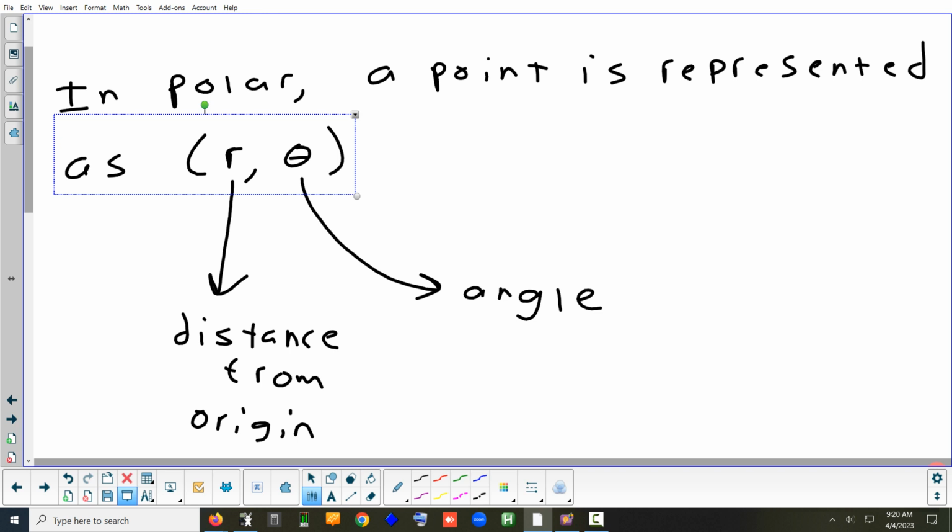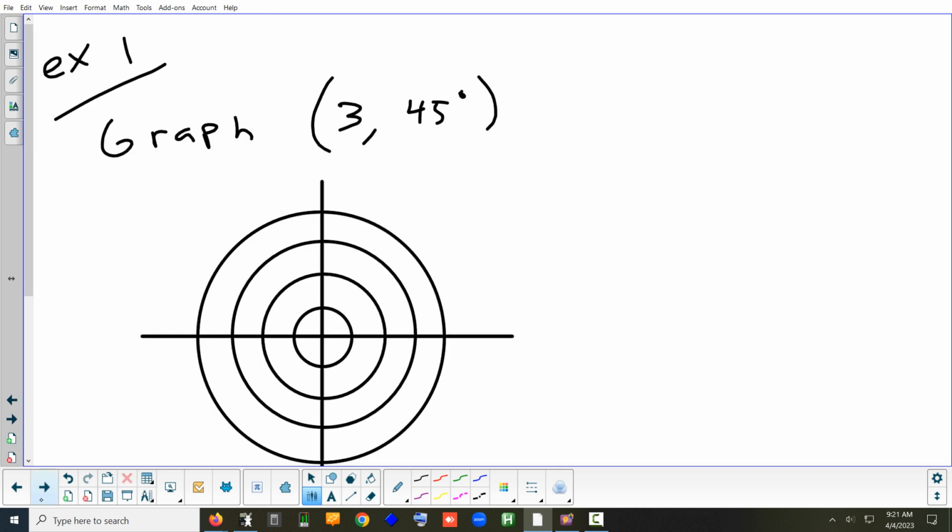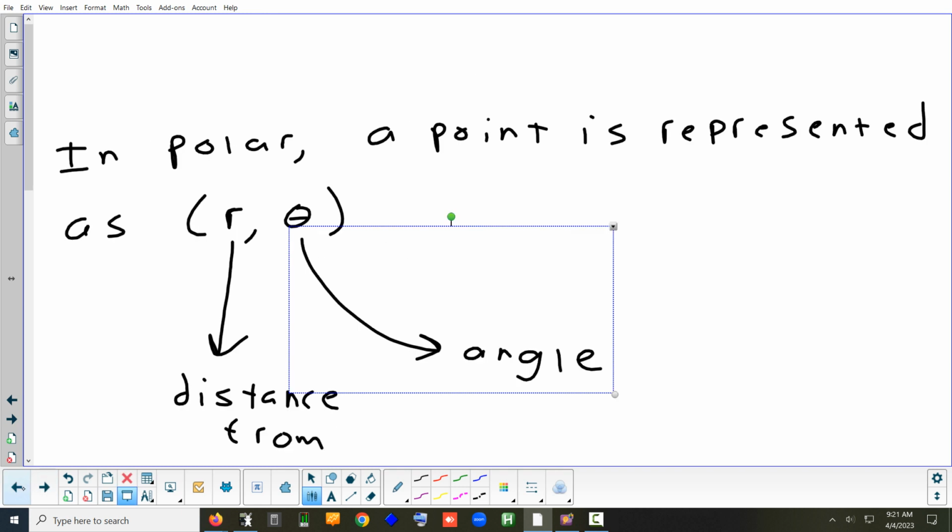So when we graph a point in polar, we're going to start by moving out a certain distance from the origin, and then we're going to do a certain amount of rotation represented by an angle. There's an example of a polar coordinate, 3, 45 degrees. What that means to do is move 3 units away from the center and then rotate 45 degrees.